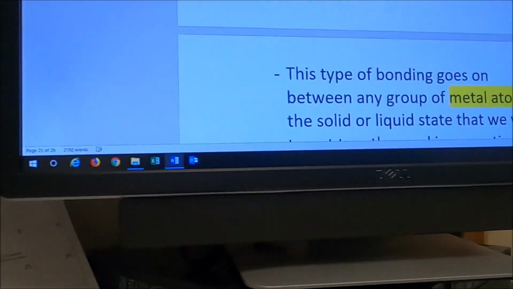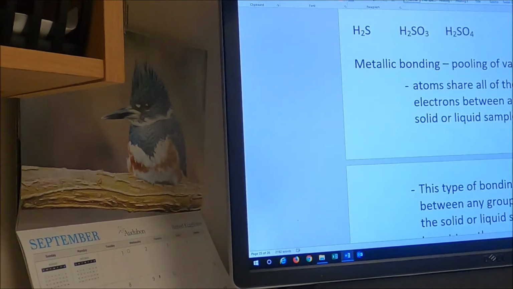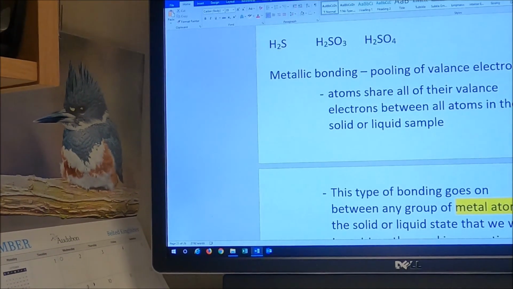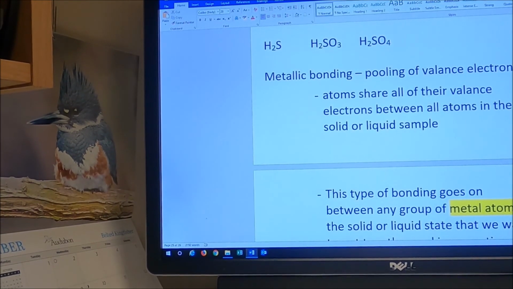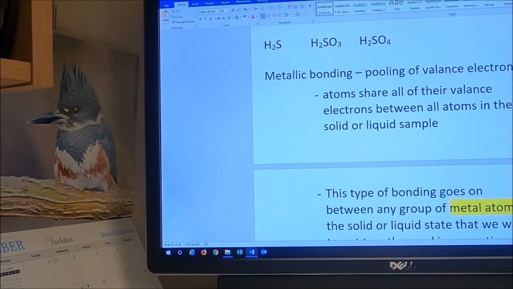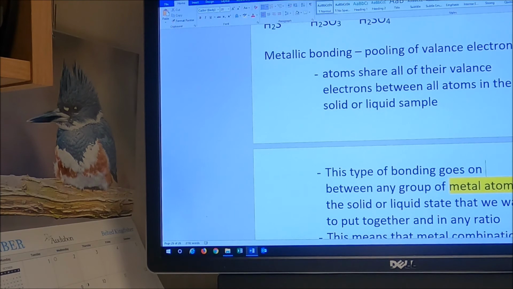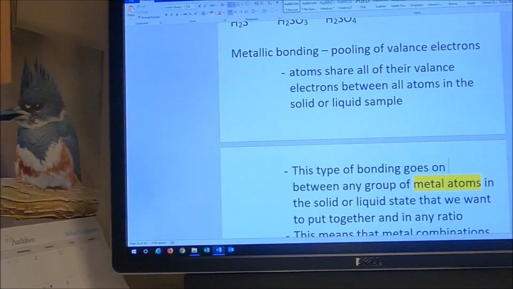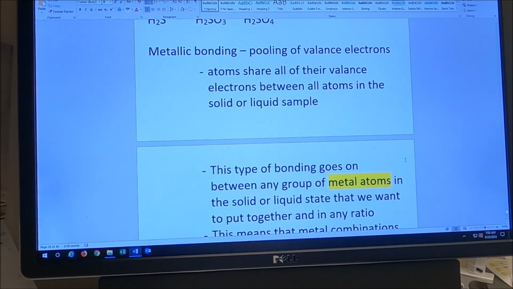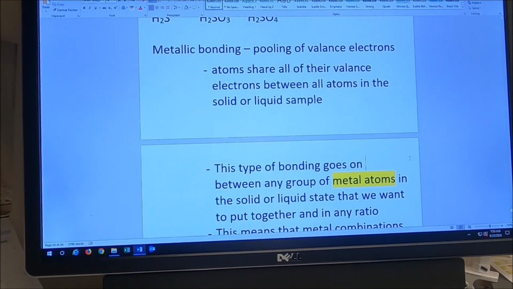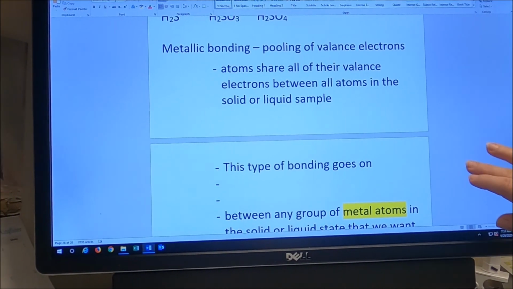Now, we talk about metallic bonding here.